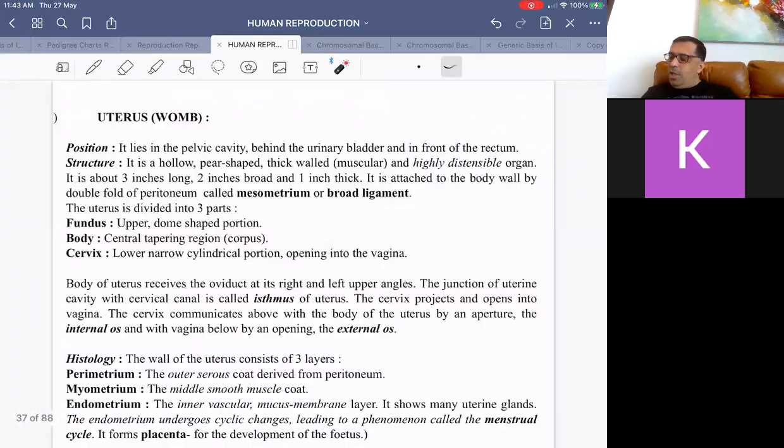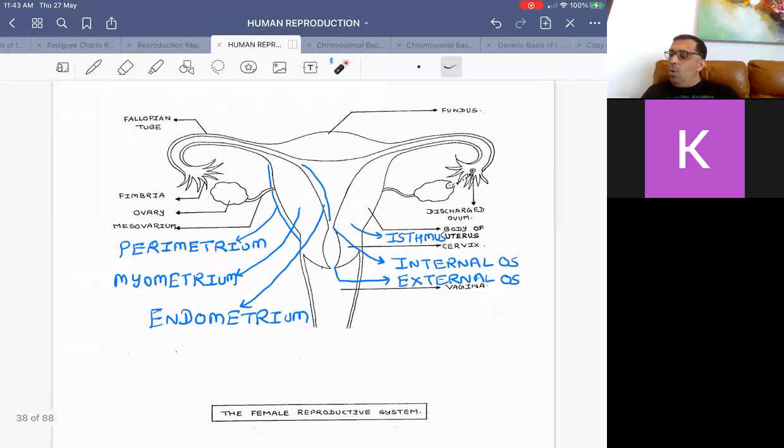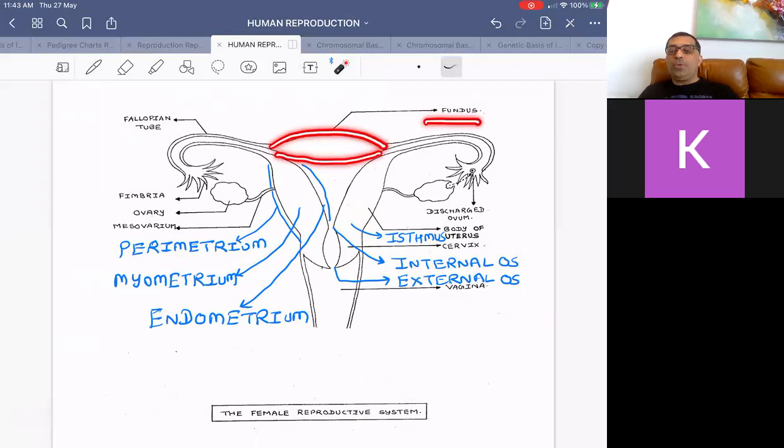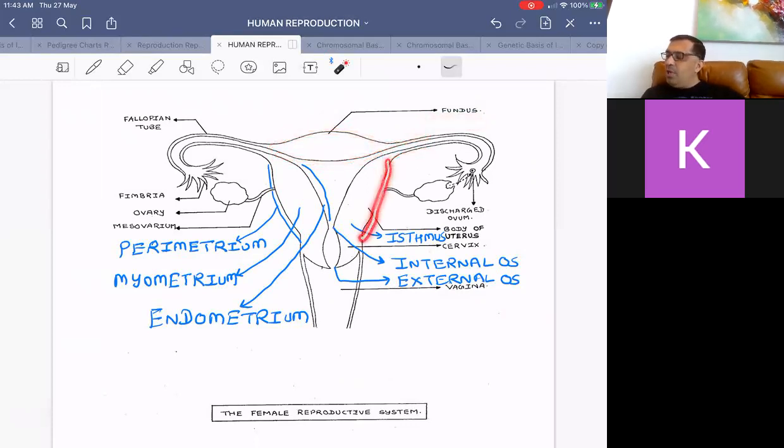And so the uterus is divided into three parts. Sir, if we look at the uterus, it has three parts. The upper is a dome shaped part called the fundus, which is above the opening of the fallopian tube. The fundus is above the fallopian tubes. The middle is a tapering part called the body of the uterus.